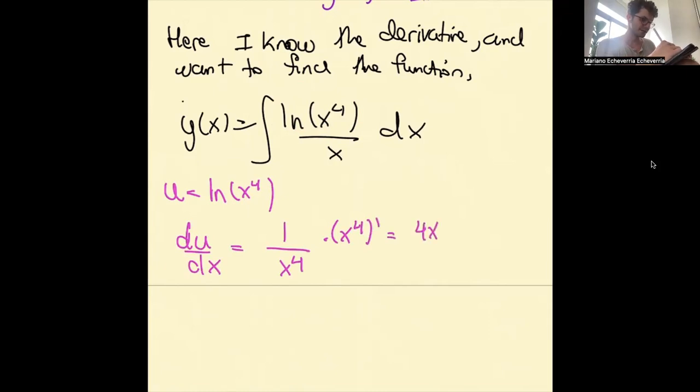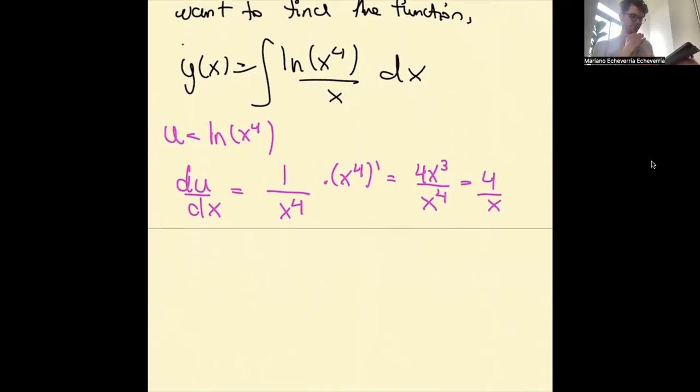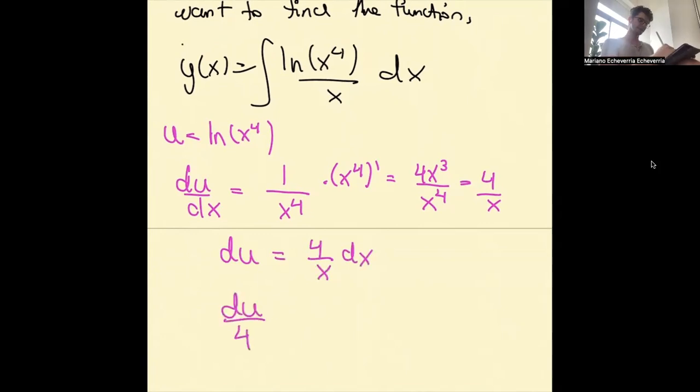So that gives you 4x cubed over x to the 4, and that gives you 4 over x. Is that making sense? And so that means that du, if you multiply both sides by dx, is 4 over x dx. And so du over 4 is dx over x. Is that making sense?